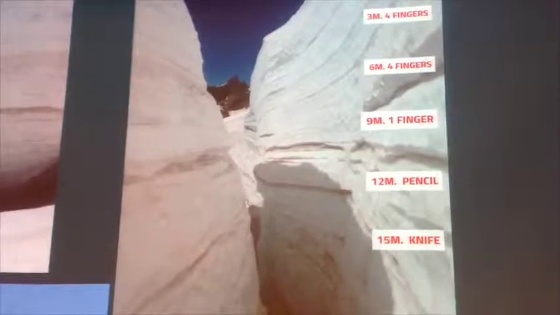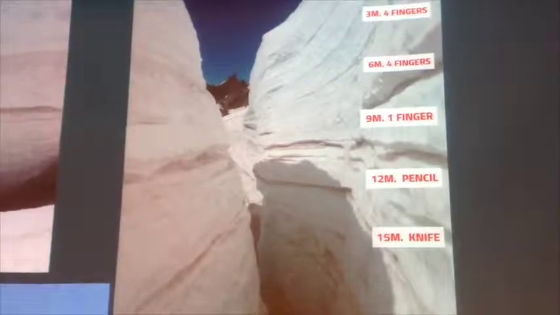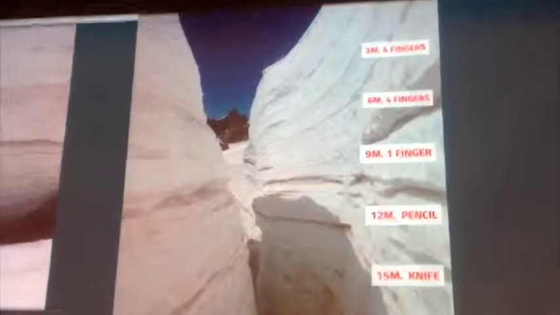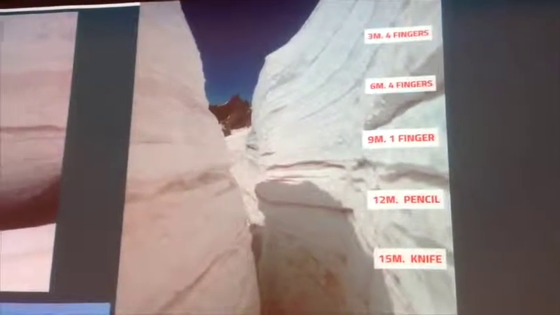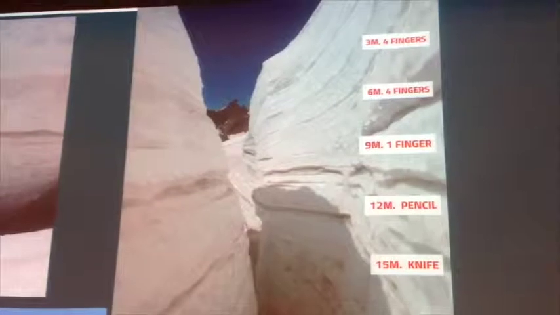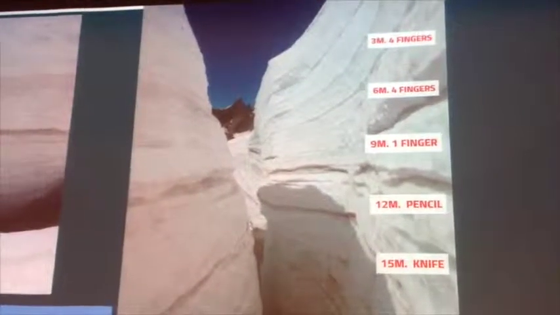And so I went down approximately 15 feet, and we did this hardness test by doing a fist punch and 4 fingers, 1 finger, a pencil, or a knife. And at 15 feet, nothing would go in besides the knife.